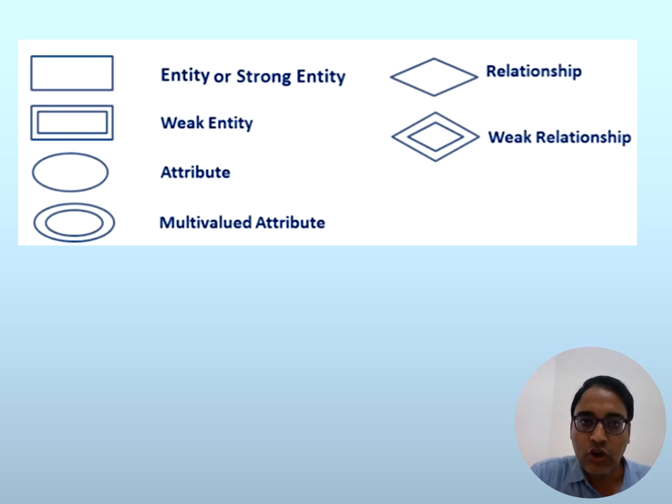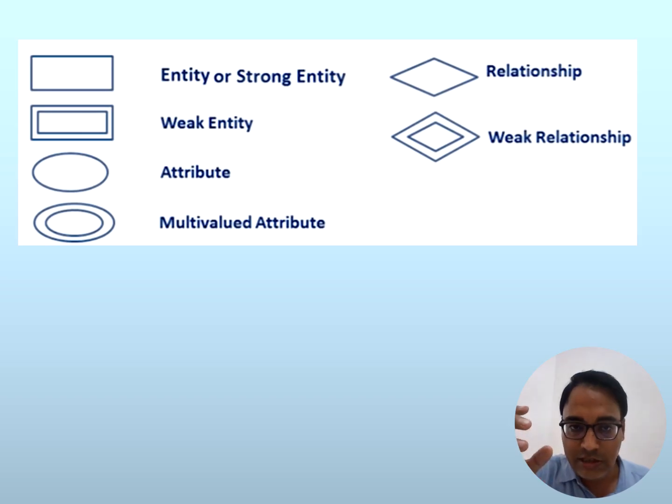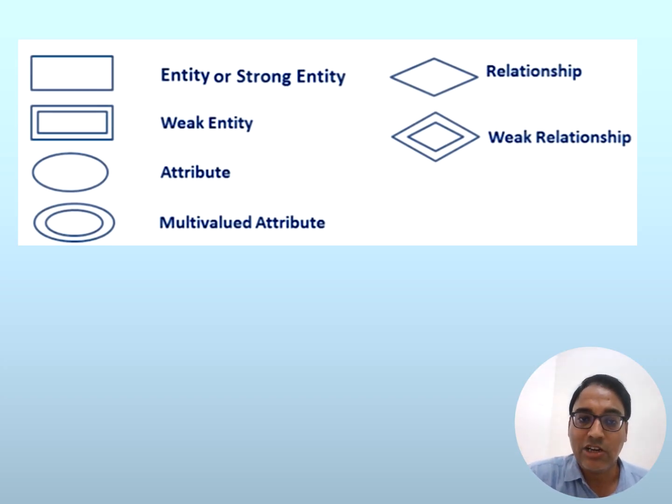All right. So now see the six different symbols which are normally used to build our ER diagrams, entity relationship diagrams, to show the relationship between different entities and attributes. Here, the strong entity is shown like this, a single rectangle. This single diamond shows the relationship.